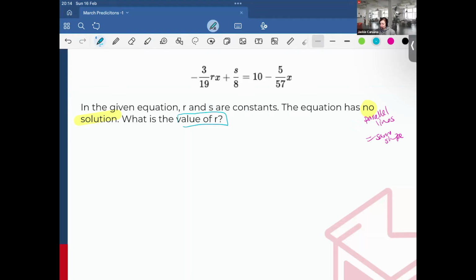So this would be like mx plus b, and this would be like b minus mx. So this would be the slope here, and here would be the slope. So I can take those two, negative 3/19 r, and set equal to negative 5/57. And then I can just solve for r.